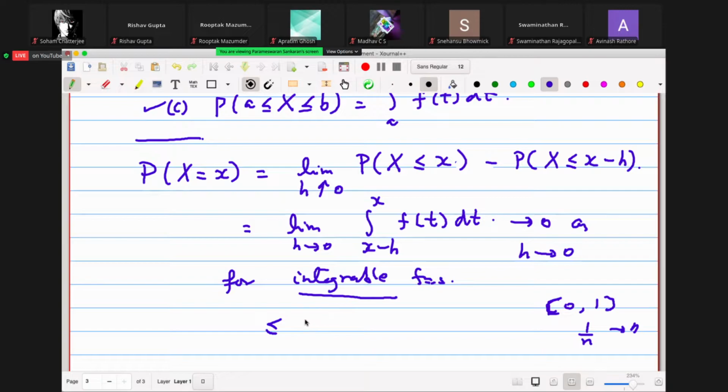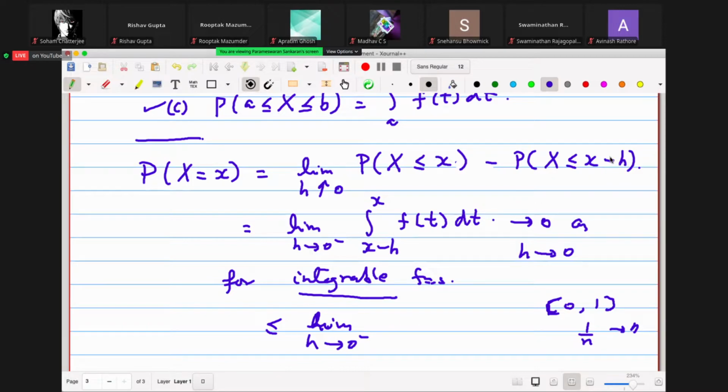So for integrable functions, this is in fact less than or equal to the length of the interval, which is just h times 1. So the limit as h goes to 0, through positive values.